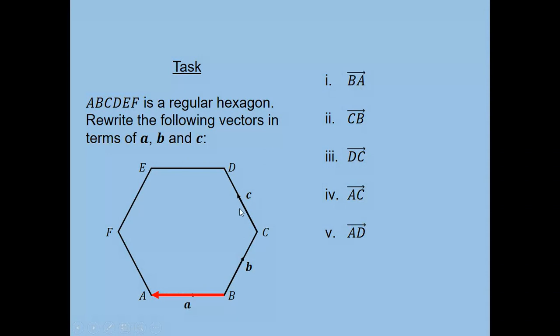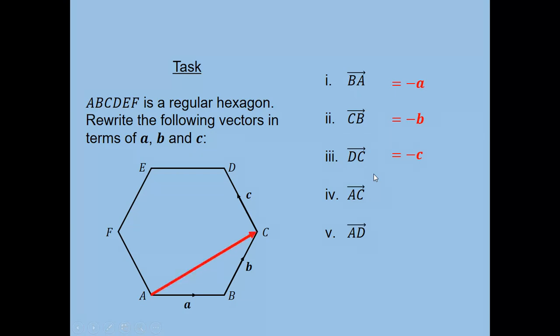Notice that's the opposite direction, hence it's given as minus a. Now C to B, again the opposite direction of b, which would be minus b. D to C, you would have worked out that's the opposite direction to vector c, which is minus c.